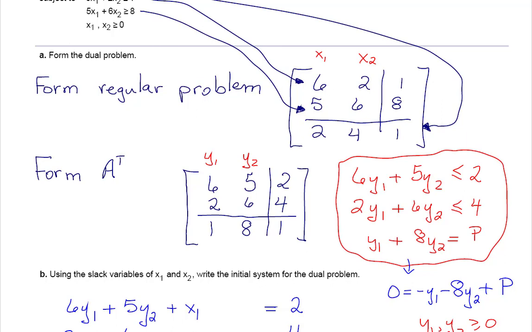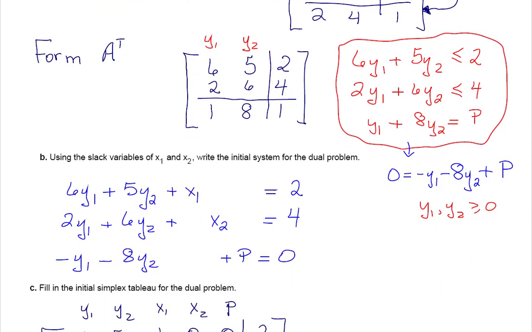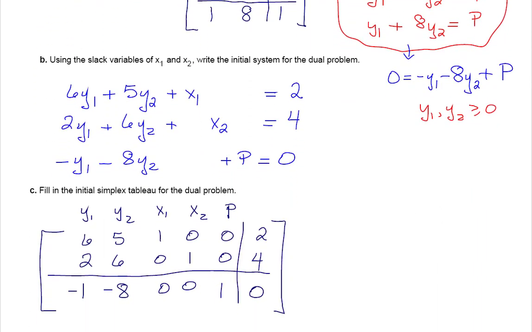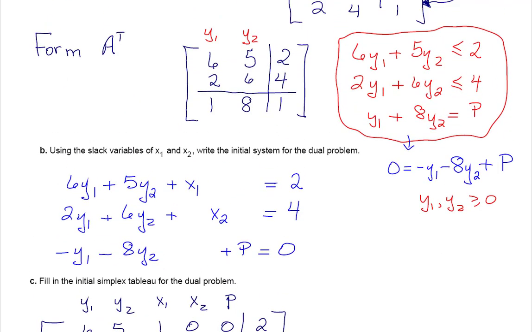So now to get this in a table so that we can do our technique, we let x1 and x2 be the slack variables. What was this slack variable thing? Well, if we go back up a little bit, it's less than or equal to 2, less than or equal to 4. So I'm trying to add something in so that it would bring it up to exactly 2, exactly 4.